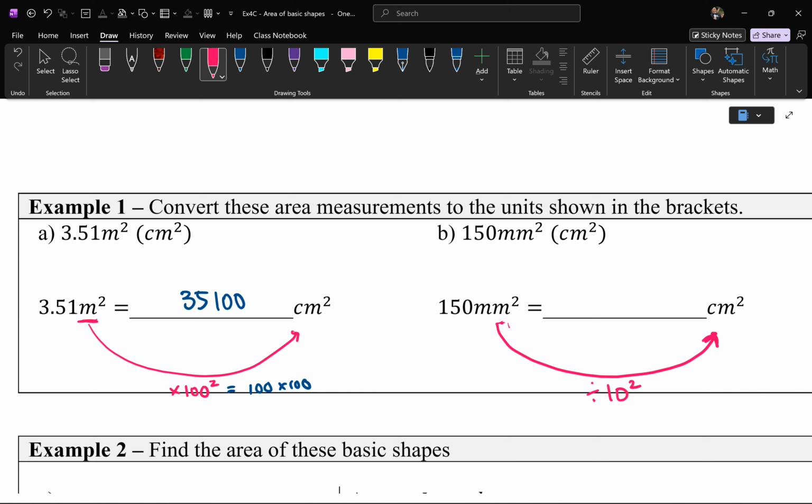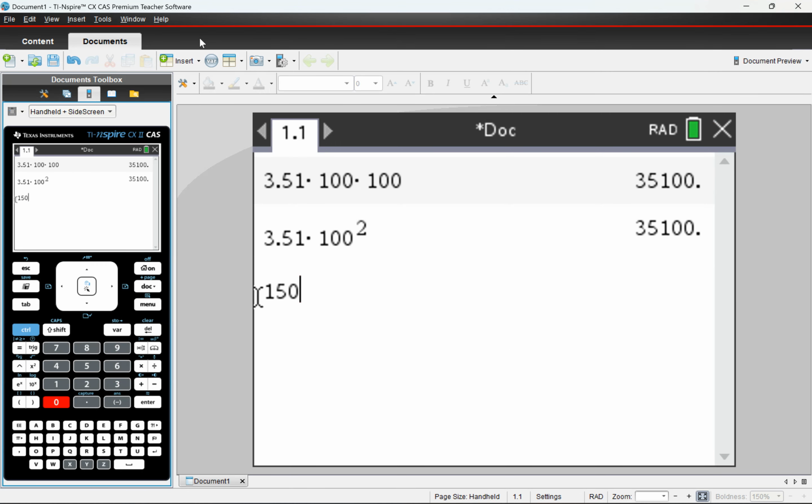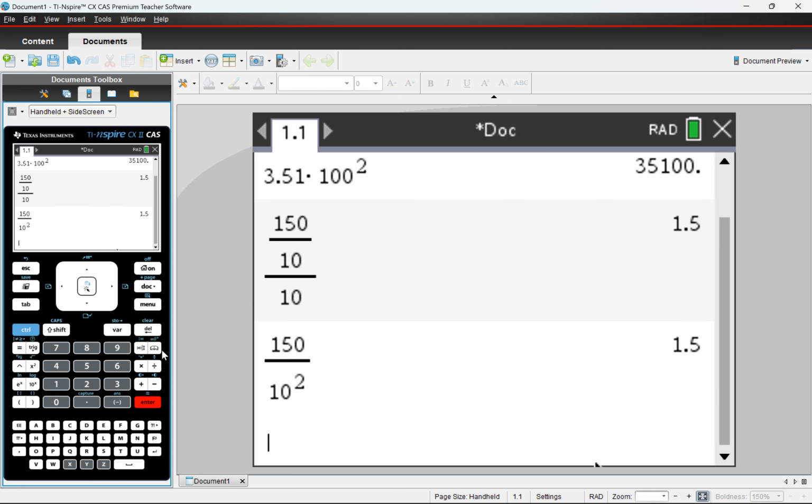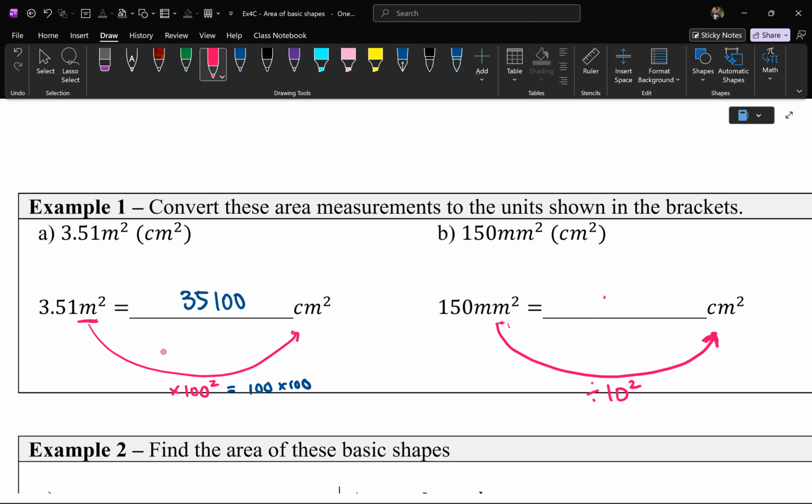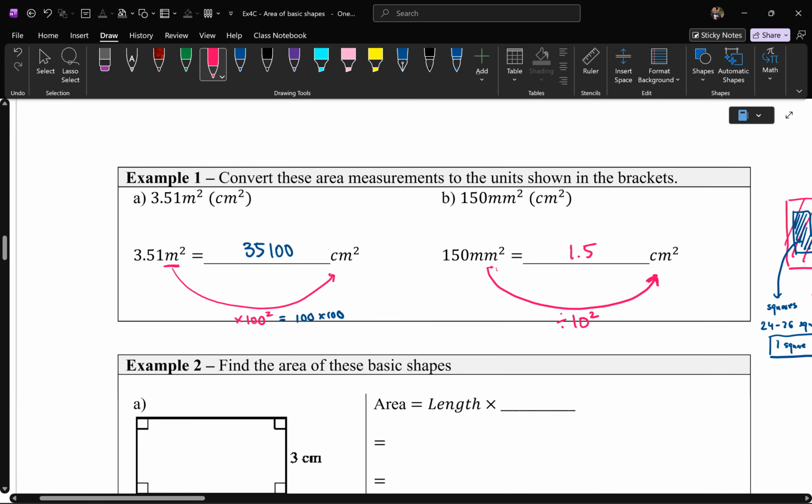So in this case, on your calculator, you would do 150 divided by, and you can either say divide by 10 and then divide by 10 again, or you can say 150 divided by 10 squared, which is 100. Okay, and you get the same answer, so it's 1.5. So the answer here is now 1.5 squared centimeters.